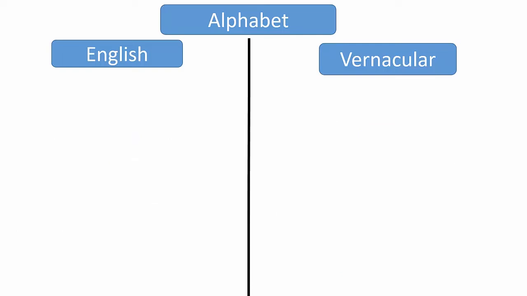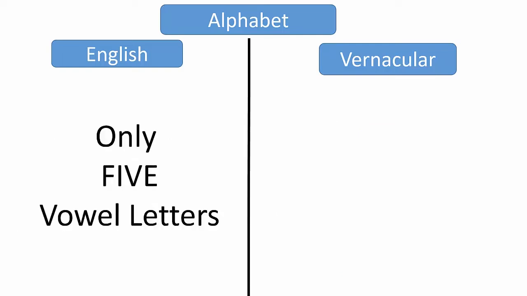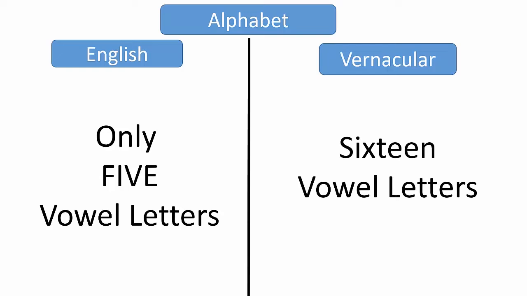The other problem in the English language is that we have only 5 vowel letters: A, E, I, O, U. You might know this, but they create many sounds. In fact, in the vernacular medium, there are 16 vowel letters, and enough vowel and consonant letters in Telugu, Hindi, or other Indian languages.